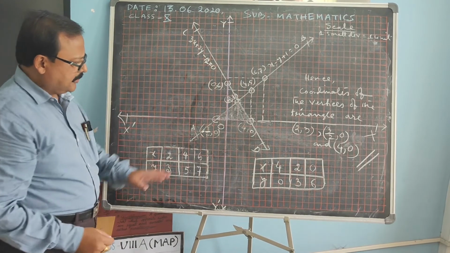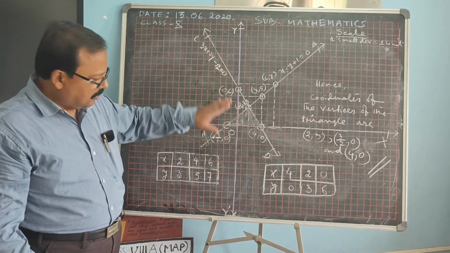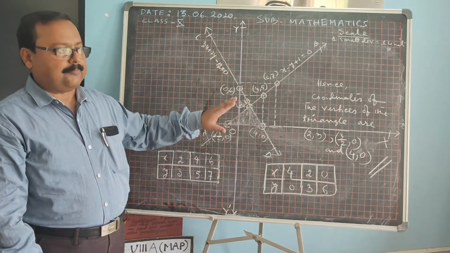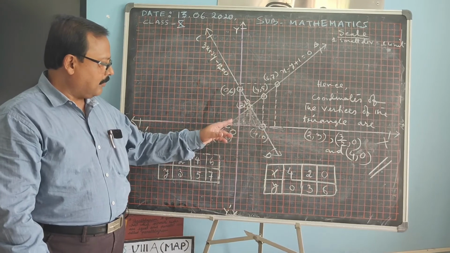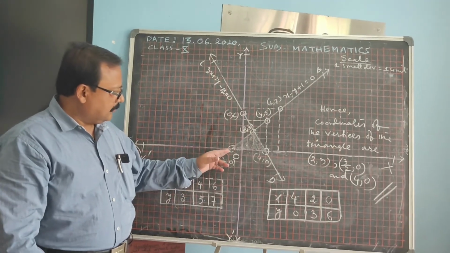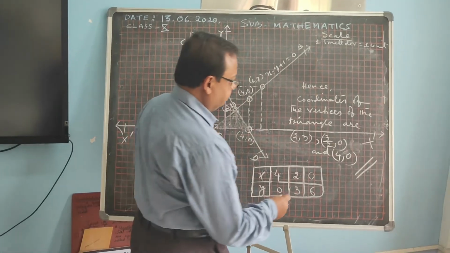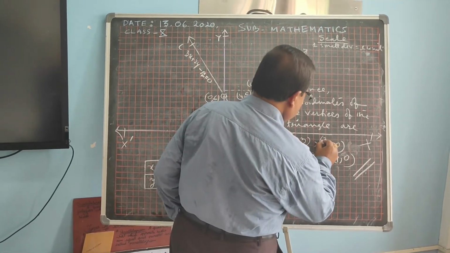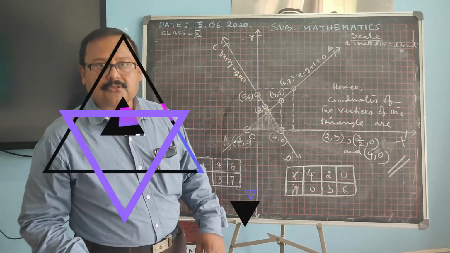You write minus 3 by 2, 0 here. There are no problems. In your graph papers, it will come correctly, and accordingly you will write. But if it comes as 1, minus 1, then minus 1, 0. And if it comes as 2, then minus 2, 0, you write. Here I will write minus 3 by 2. Yeah. Minus 3 by 2, 0. Okay, students.